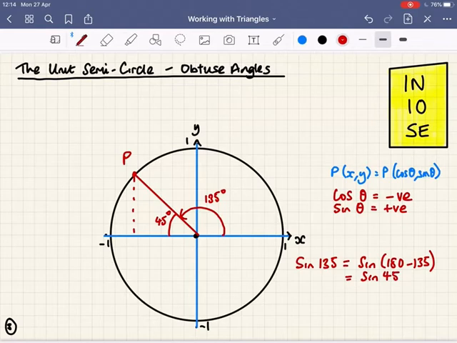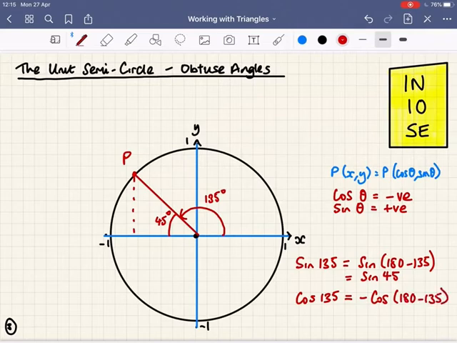So we begin to construct a family of angles which have the same ratio. So sine 135 and sine 45 share the same value. Cosine of 135, it's going to have the same absolute value, but it's going to be negative this time. So cosine 135 is going to be negative cosine of 180 minus 135.